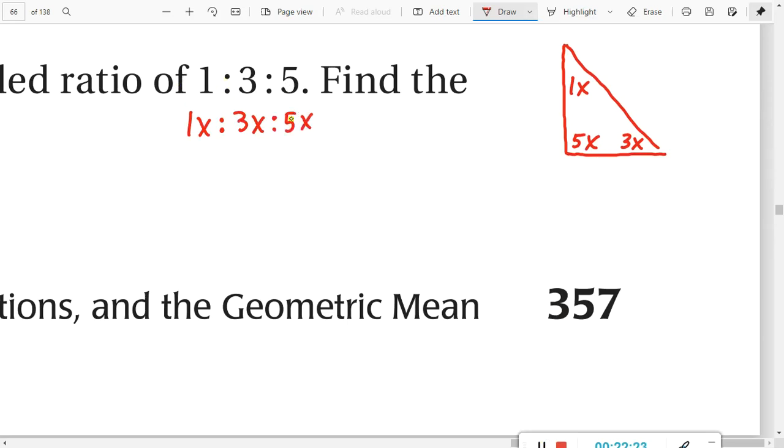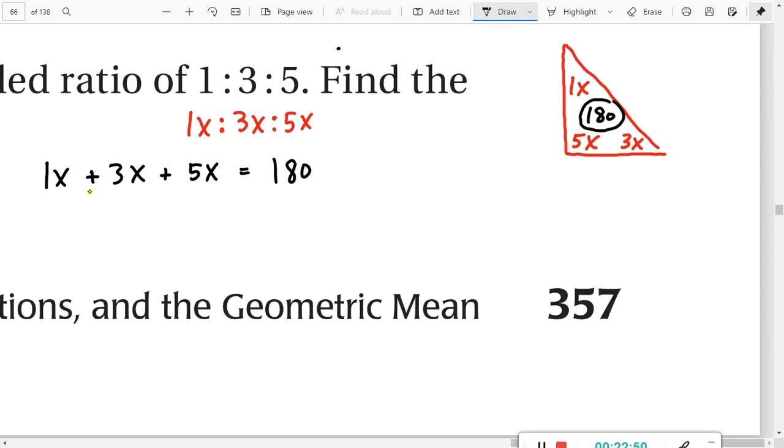All right? So as you know, the 3 interior angles of a triangle, they add up to 180 degrees. So we just add the 3 angles and set them equal to 180. All right, 1x plus 3x plus 5x is going to equal 180.